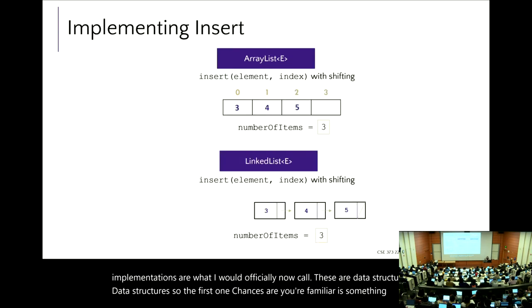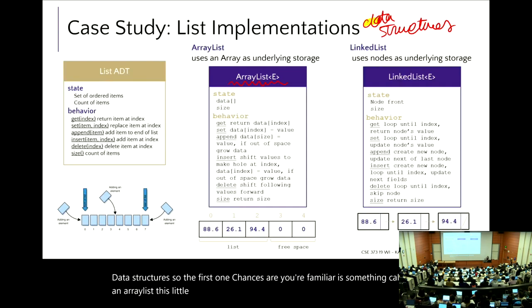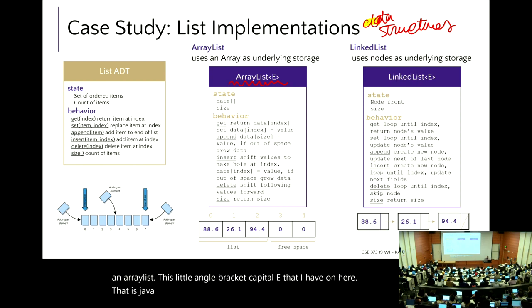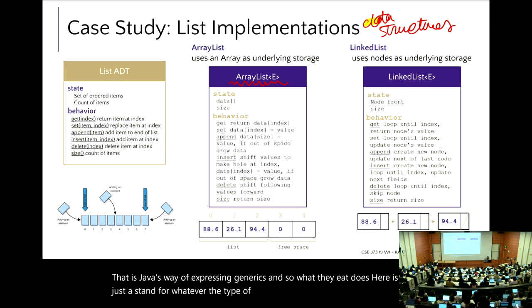This little angle bracket capital E that I have on here, that is Java's way of expressing generics. What the E does here is it's just a stand-in for whatever the type of thing is that's going to be stored in the array list. It technically is a stand-in usually for element.